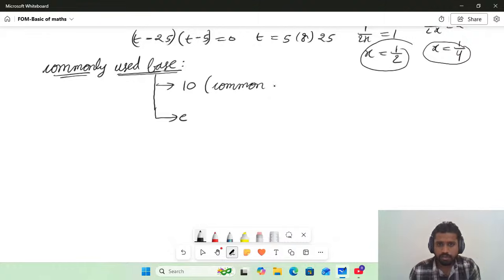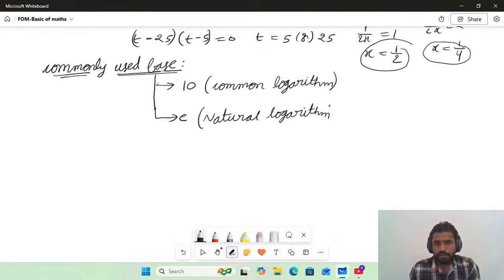And logarithm with base E is called natural logarithm. So logarithm with base 10 is called common logarithm and logarithm with base E is called natural logarithm.